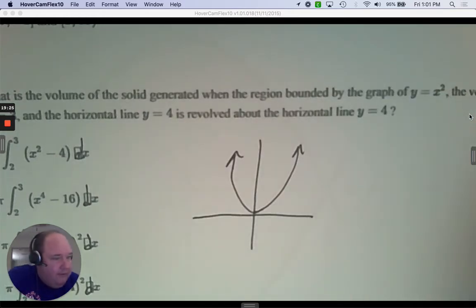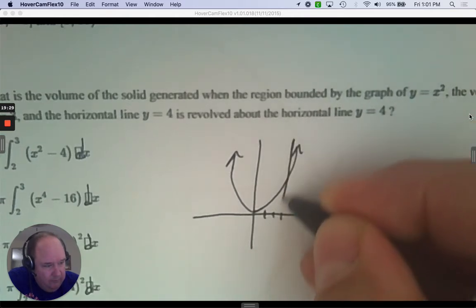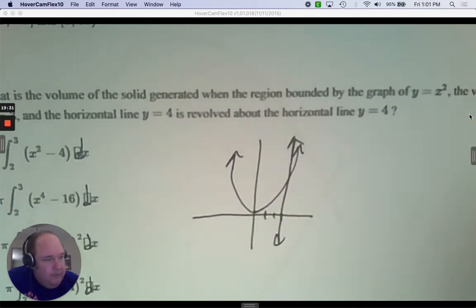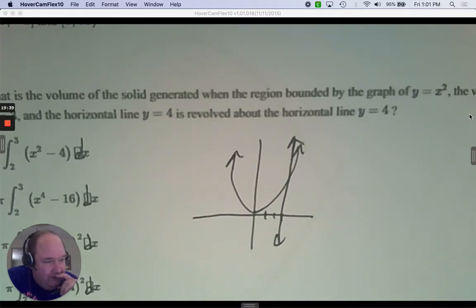Can you graph the vertical line x equals 3? And the horizontal line y equals 4.